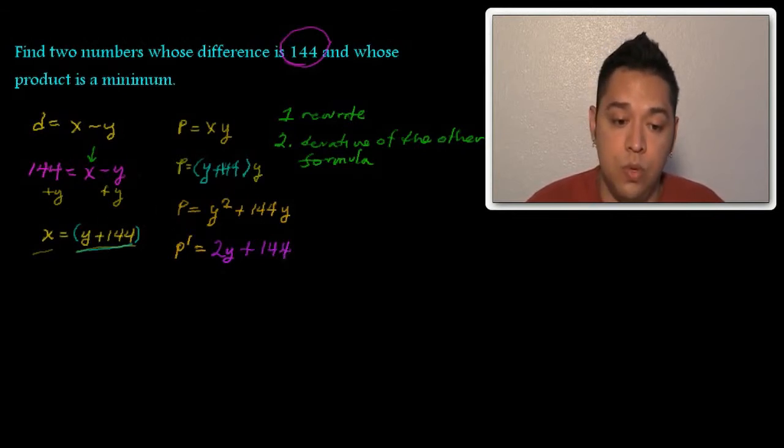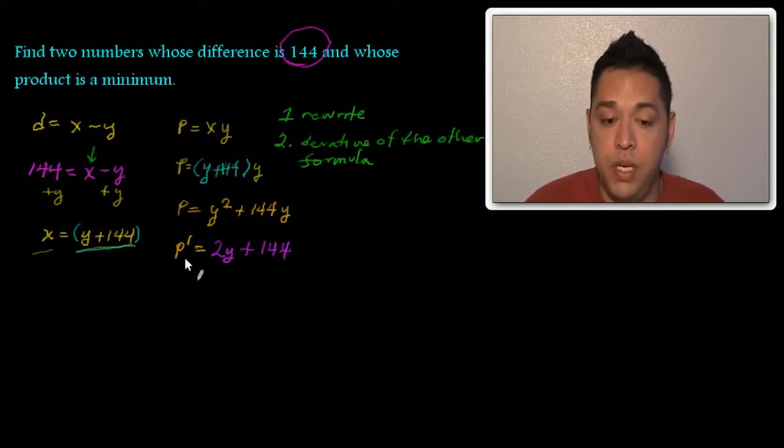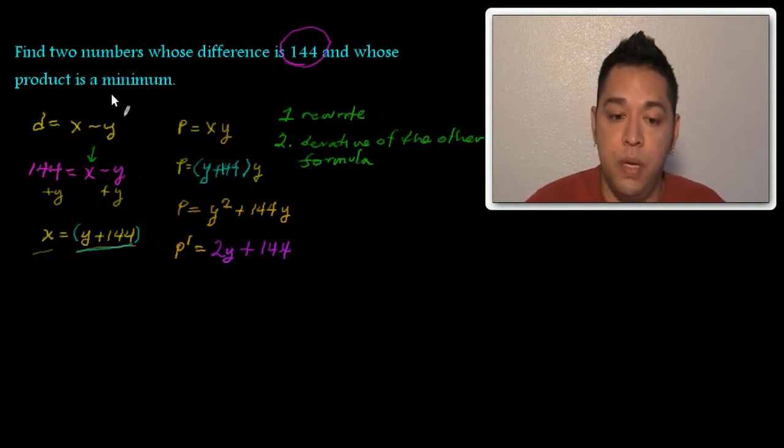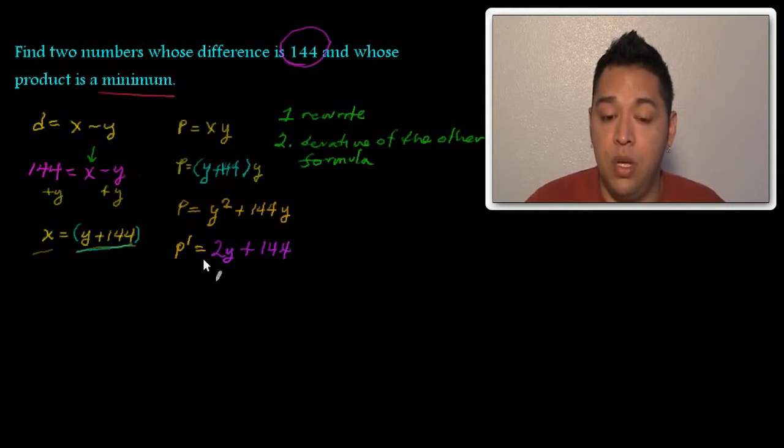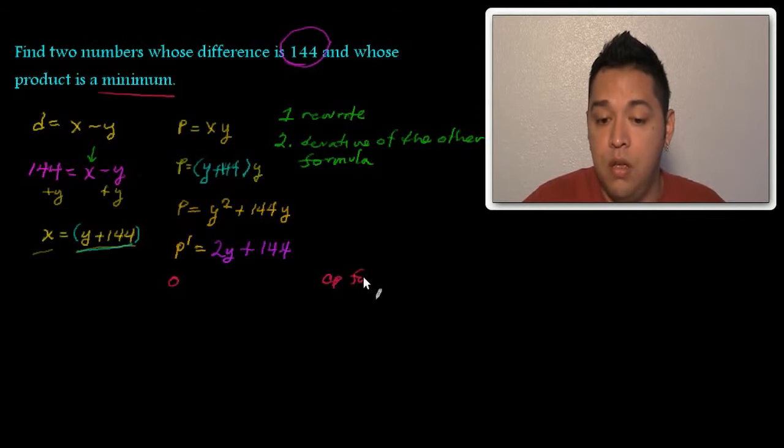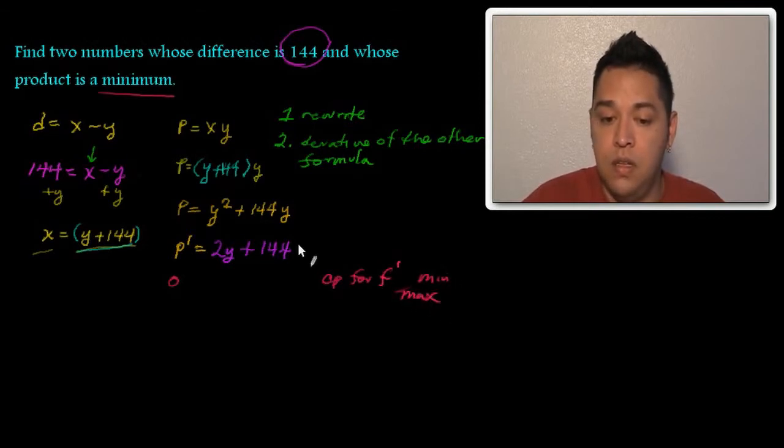Well, since we're trying to minimize, how do we find a minimum value? We set this equal to 0 and we find our critical points for the first derivative. And that could potentially be a min, or it can be a max. So I'm going to set this equal to 0, 2y plus 144, and I'm going to solve for y.